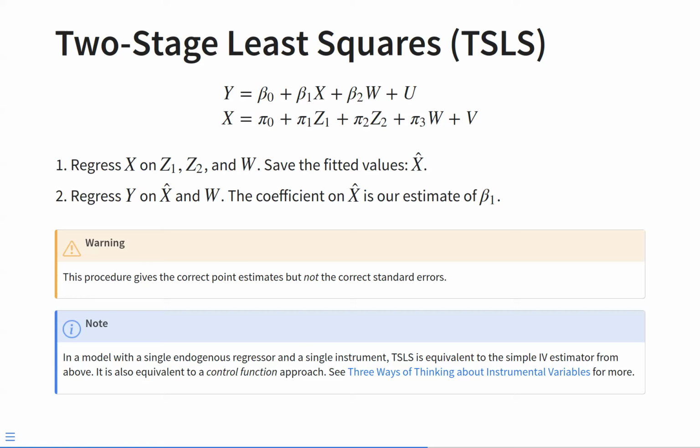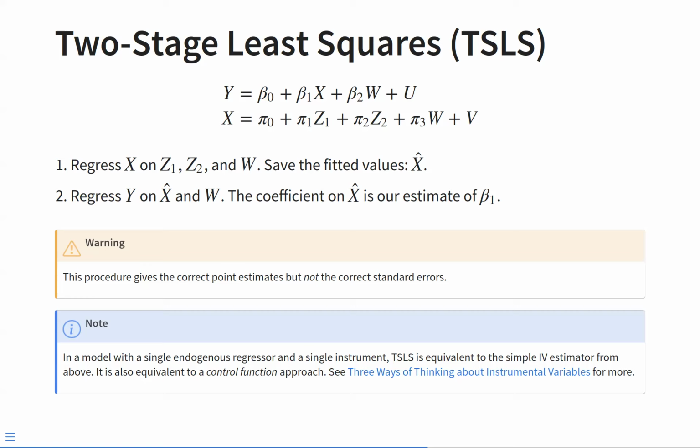You would then save the fitted values from the regression. In the second step, you would regress y on those fitted values x hat, the ones that you created in step 1, and the exogenous regressor, the control w. The coefficient on x hat will then be your estimate of the causal effect of interest.